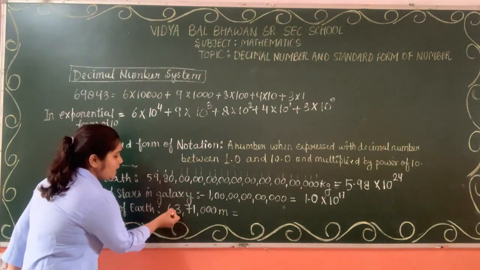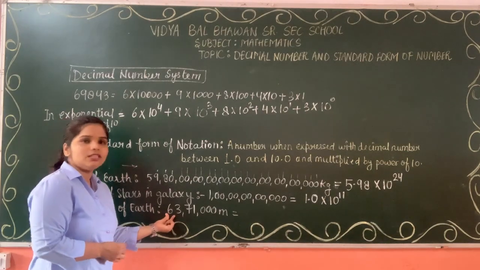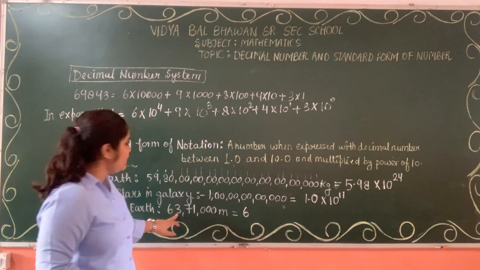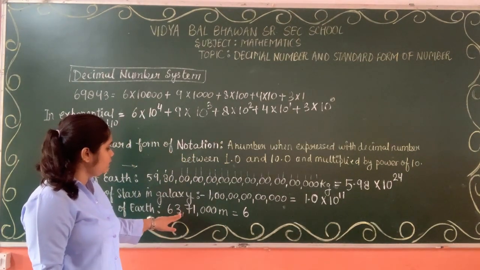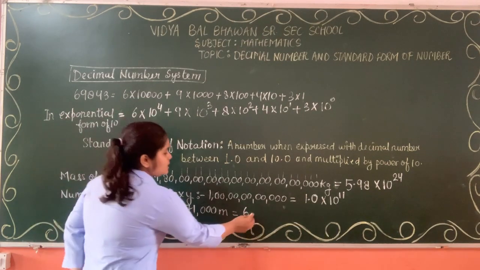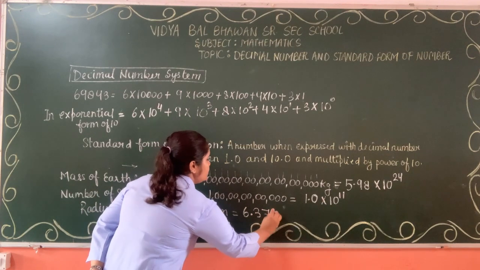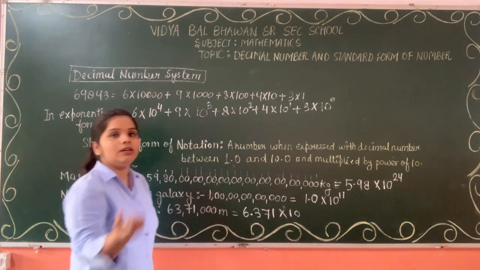So, we will place the decimal just after the first digit, that means after 6, and write all the non-zero numbers. 6 decimal 371.